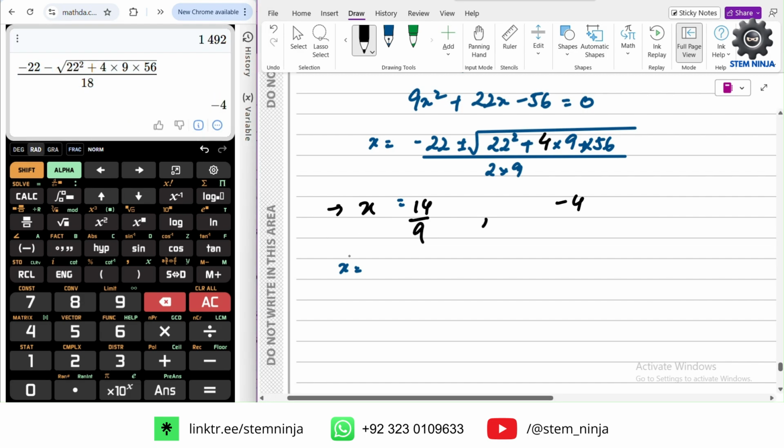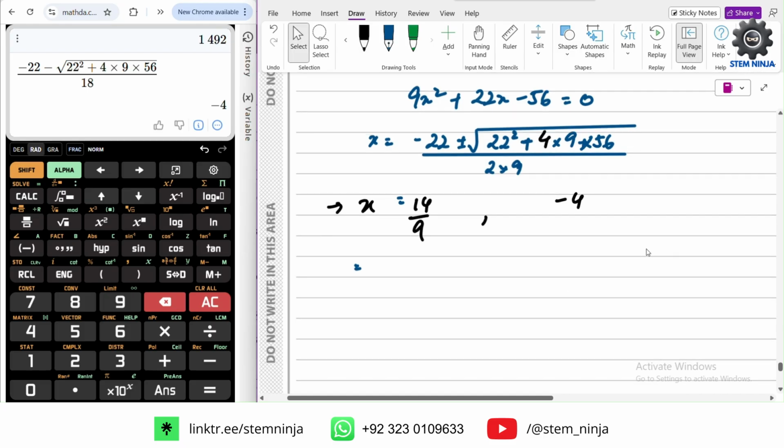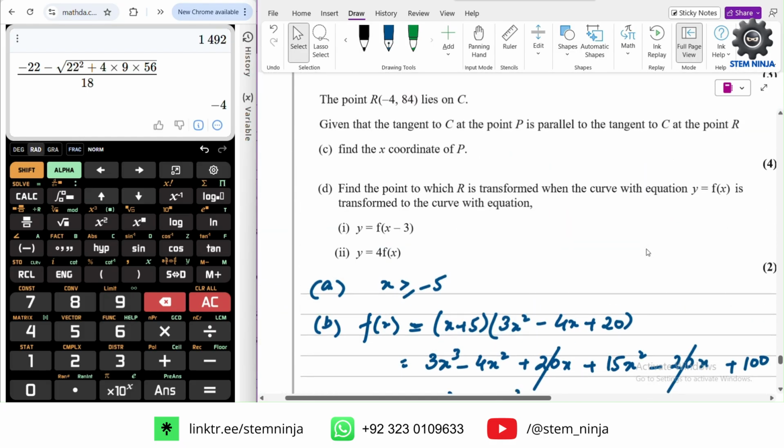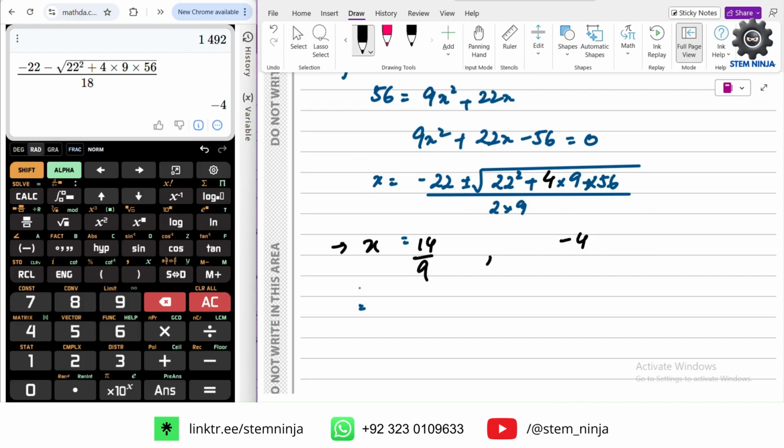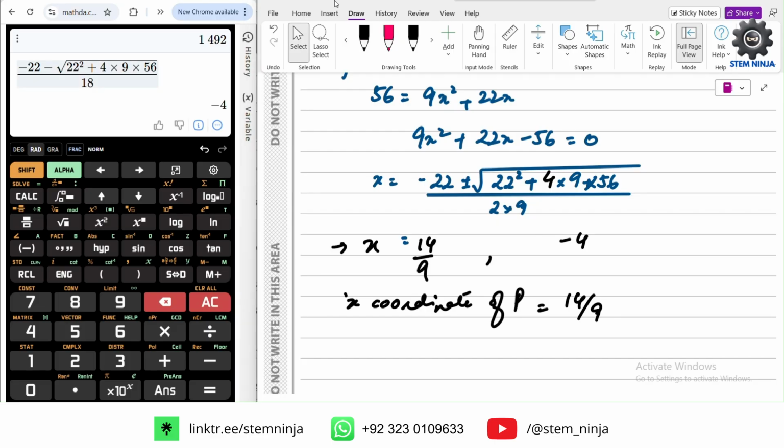So 14 over 9 is the answer, and we need the x coordinate of P. So the x coordinate of P is 14 over 9. Okay.